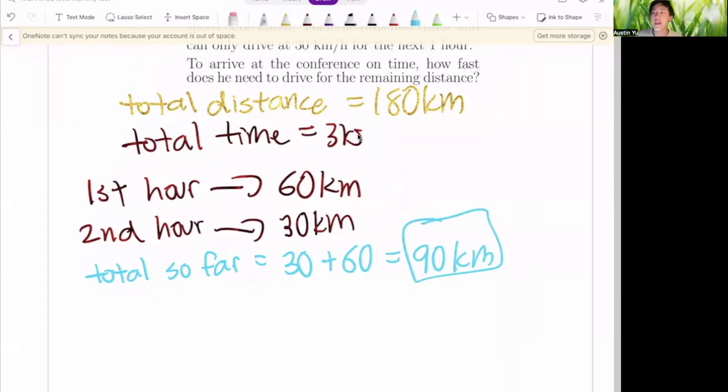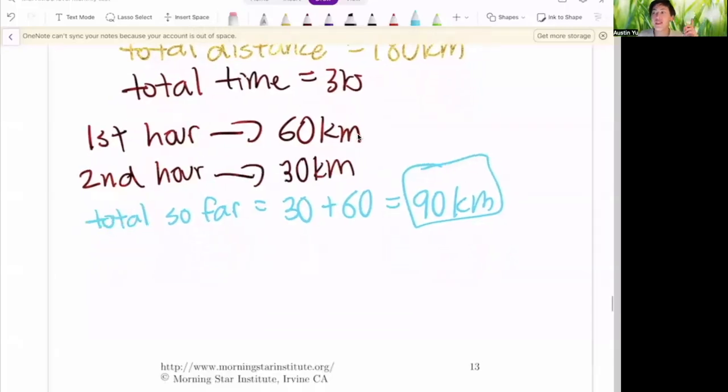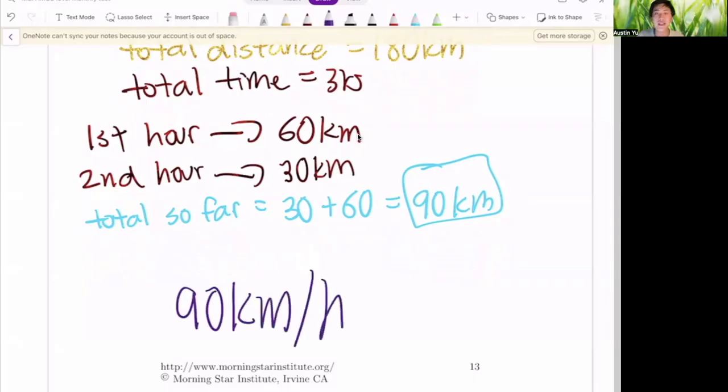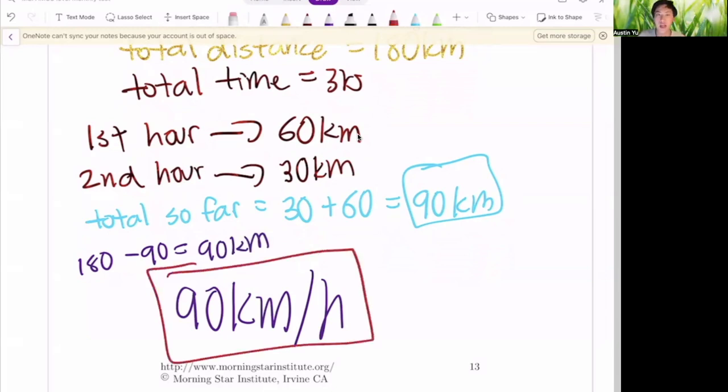However, he still needs to cover 90 kilometers, right? Because the time used is 2 hours and he has only 1 hour left to get to the conference on time, which means that the speed required would simply be 90 kilometers per hour, right? Since the distance he still has left is 90, and he only has 1 hour left, he literally has to drive at 90 kilometers an hour to make it to his work conference on time.